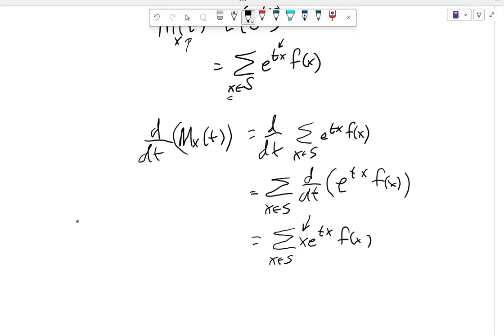Because if I make it a 1, what do you recognize that as? Expected value of x, right? Which is the first moment, correct? So if I do M prime of 0, I get the first moment.